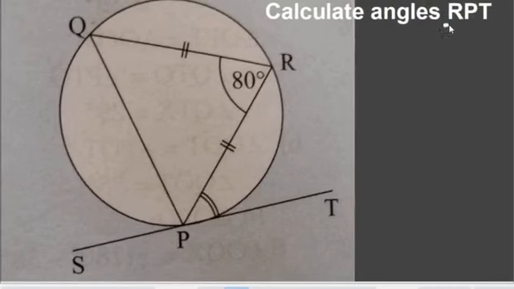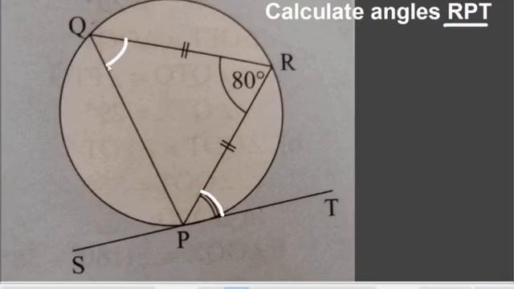Find angle RPT. So they want an angle right here on P. So how do we find angle RPT? To find the angle RPT, we understand that angle RPT is alternate to angle RQP, meaning that alternate angles in the same segment.